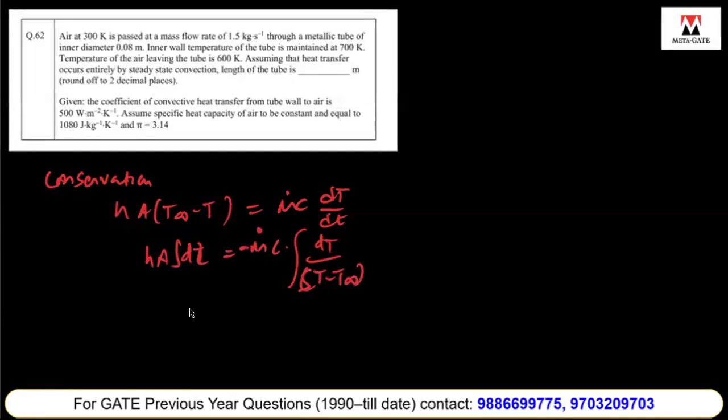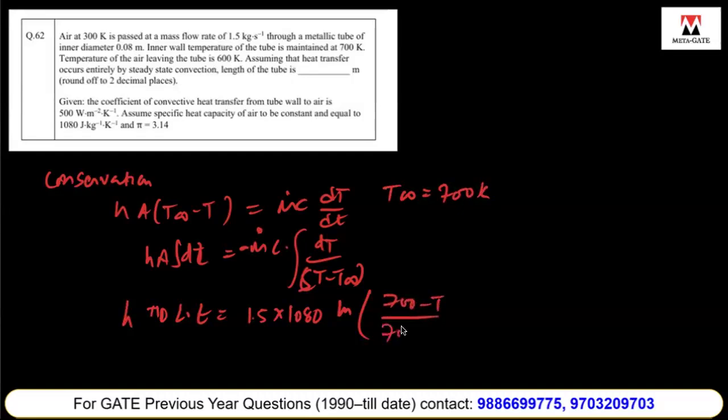So this is equal to h into pi into D into L is equal to m dot, 1.5, into 1080 into ln of (700 minus T) by (700 minus 300), where T infinite is given as 700 Kelvin, and the temperature ranges from 300 to 700.